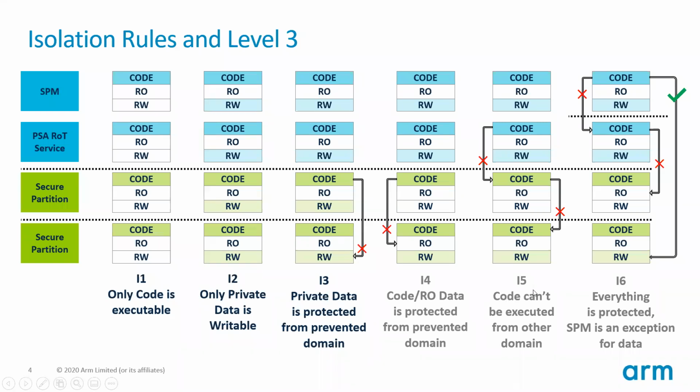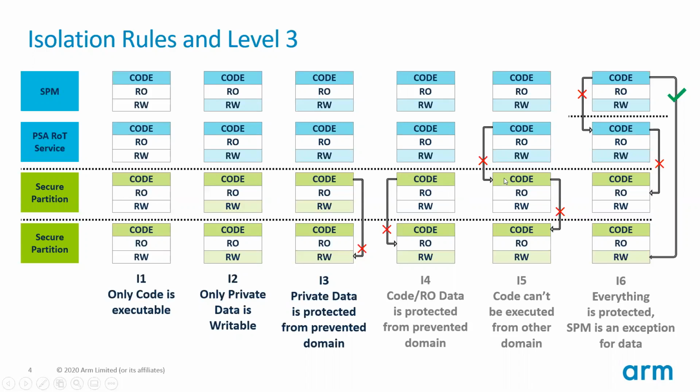I5 becomes even stricter: the code cannot be executed from any other domain, which means the code belonging to a secure partition cannot even be executed by the SPM or a PSA service. Execute here means direct jump.